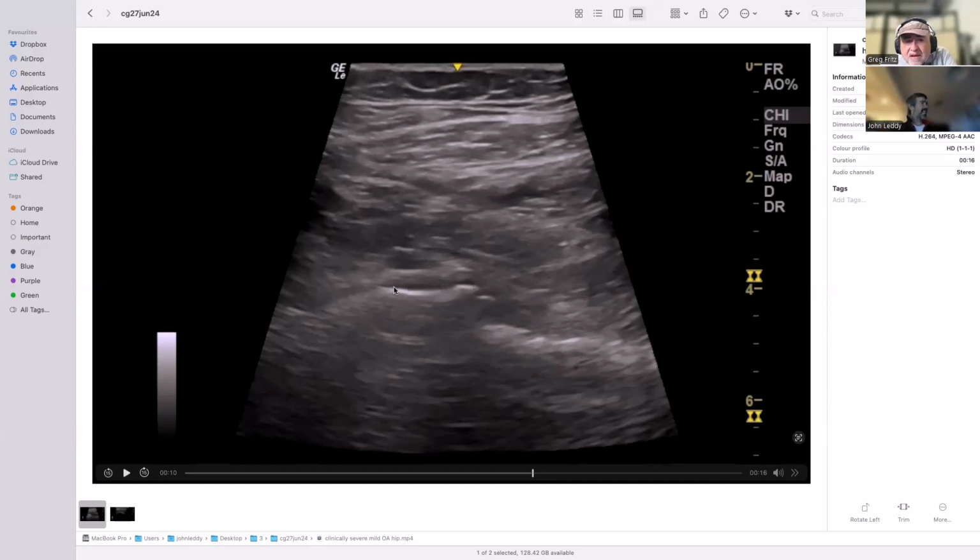When I see this subjectively, I would say these are the patients that sometimes they're all right when they're standing. Not always, not necessarily this one. This was clinically severe, but mild OA on the X-ray.